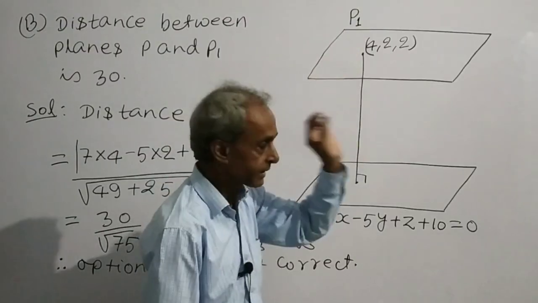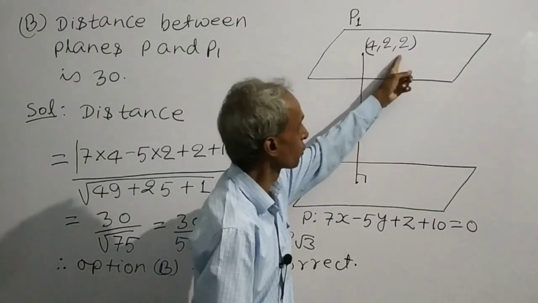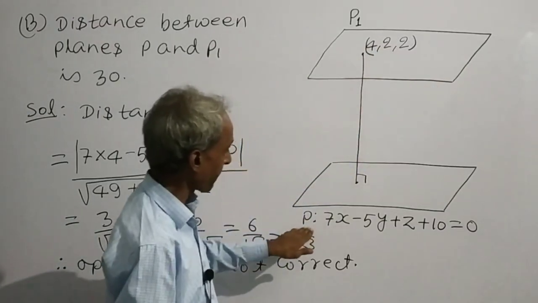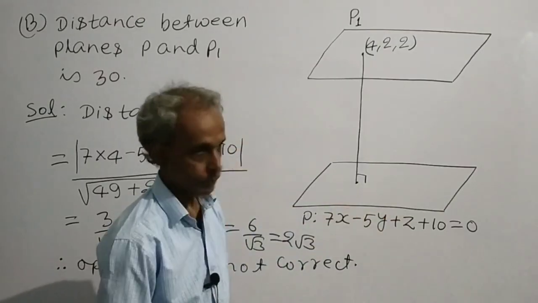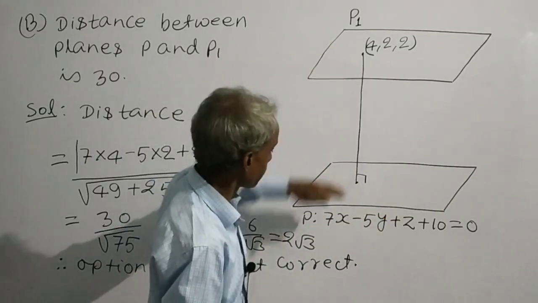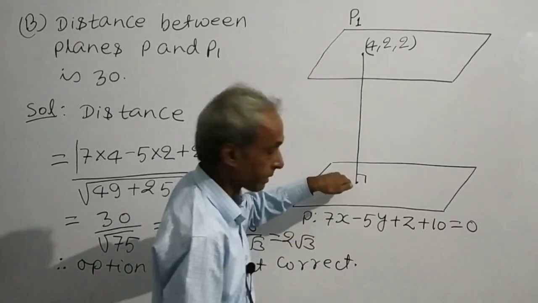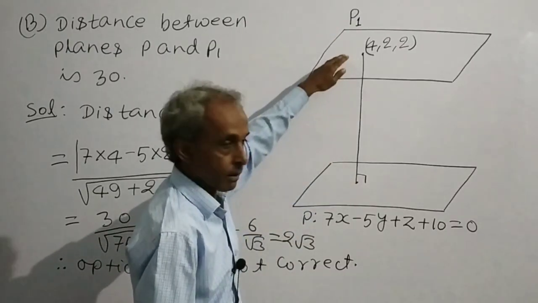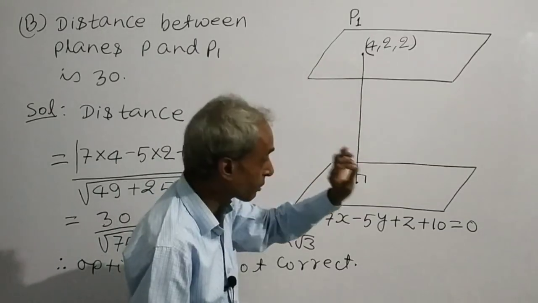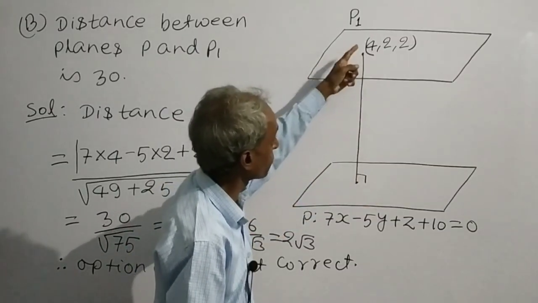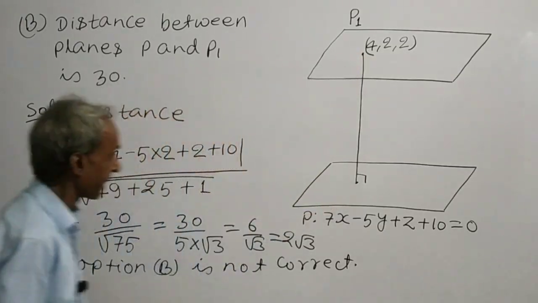P1 is the plane passing through the point 4, 2, 2 and parallel to the plane P. Then the distance between this plane P and this plane P1 will be equal to the length of the perpendicular drawn from this point to this plane.